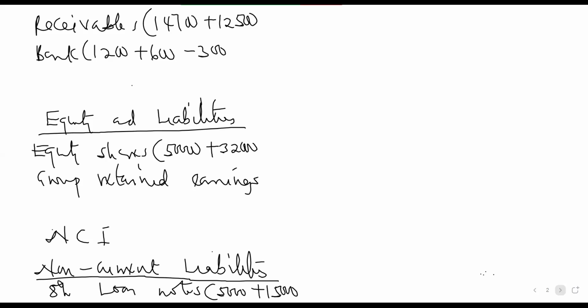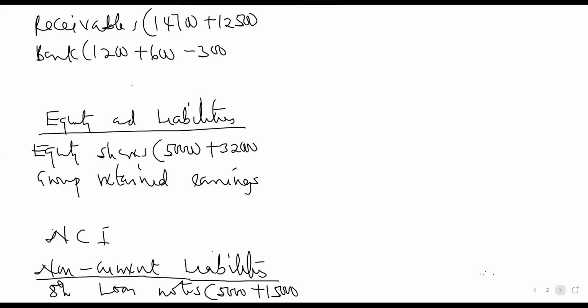Are you okay? The shares are at 1 cedi, isn't it? If you look at the existing shares of the parent, it is 1 cedi. Okay, so it means that the shares will be issued at 1 cedi. So it will be only 15,000 that will come to the equity.